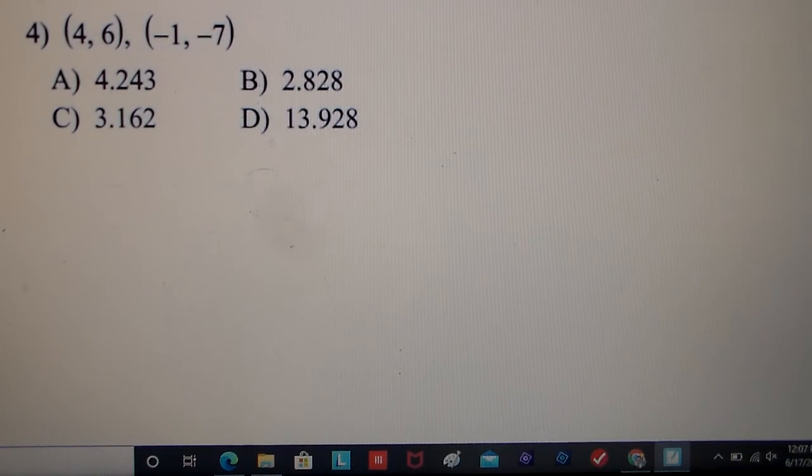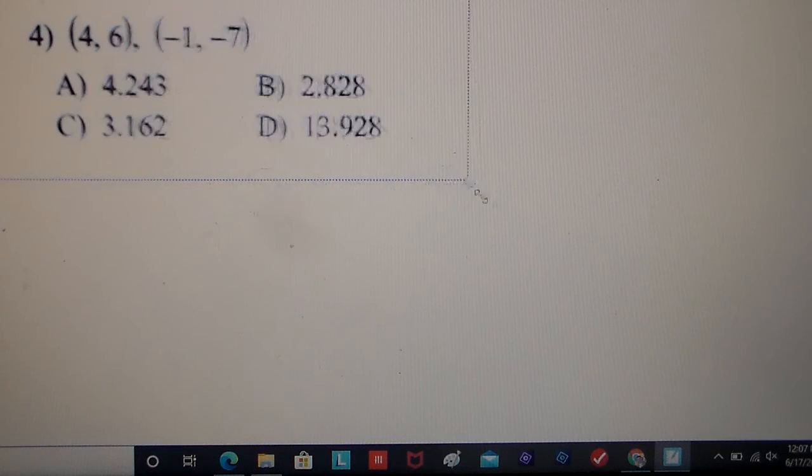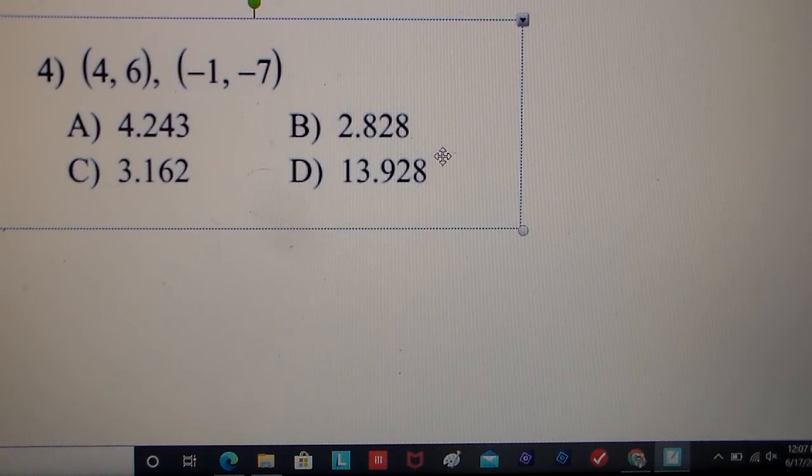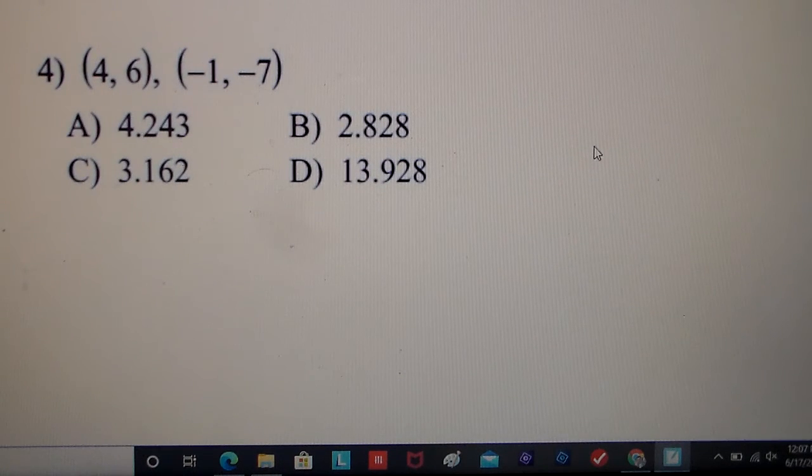Why don't you try number 4 on your own first? We'll see if you can do it on your own. I bet you can. So x1, y1, x2, y2.